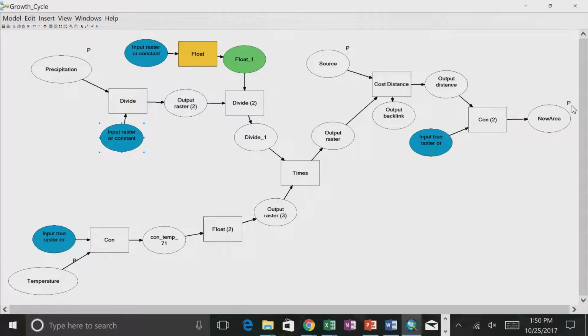So right now I left these as constants. You can't change them, but if I right-clicked on it and said parameter, then it would put a little p here, and then later you could change it. Kind of like we did with the cost distance modeling lab earlier. So we divide that, we get the output.